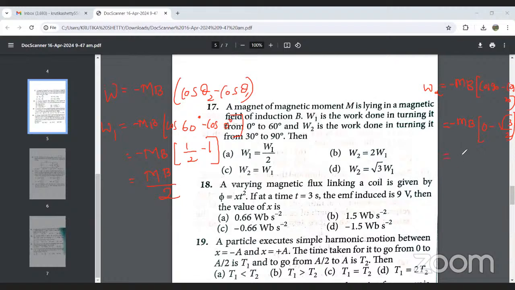Minus into minus becomes plus. Therefore W2 is root 3 by 2 into MB. So from W1 and W2, we can say W2 is equal to root 3 into W1. That is option D, the correct answer. Check. Is there any doubt?